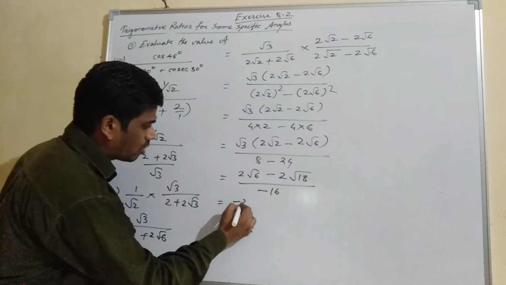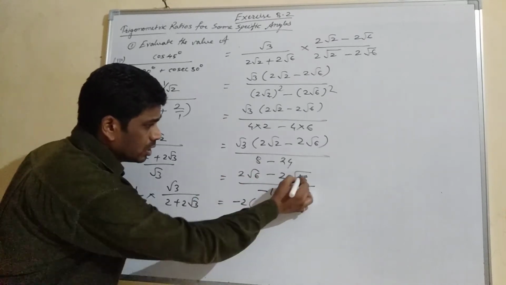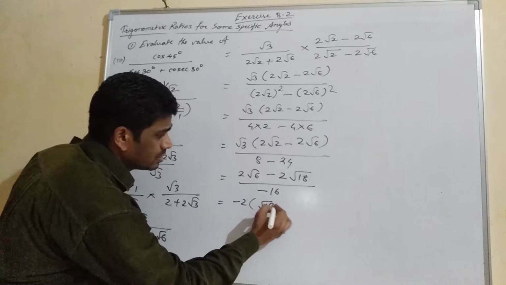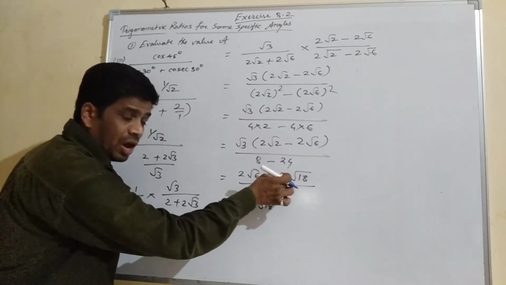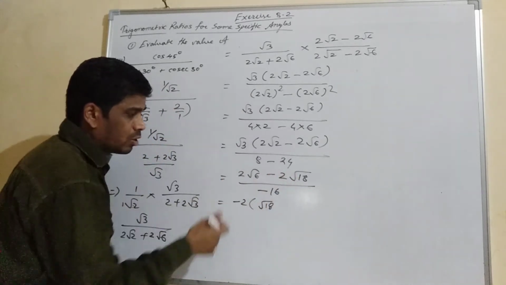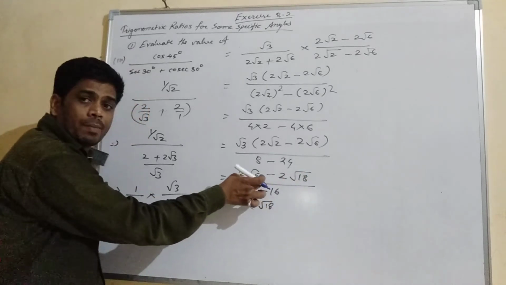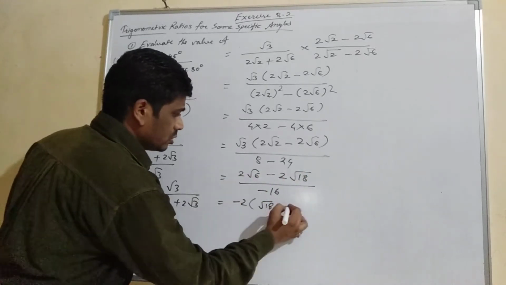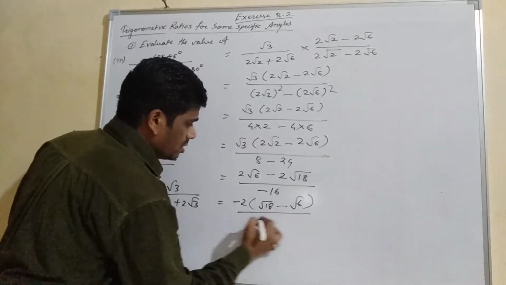So minus 2 will be taken common, so this root 18 will be positive because we are taking the minus sign common. So this becomes positive and this becomes negative: minus root 6 upon minus 16.